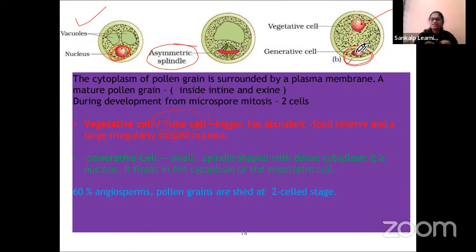This generative cell undergoes mitosis and forms two gametes. So two gametes, each one cell, plus one vegetative cell. In most of the angiosperms pollination takes place with a three-celled structure, but in 60% pollination happens at the two-celled stage.